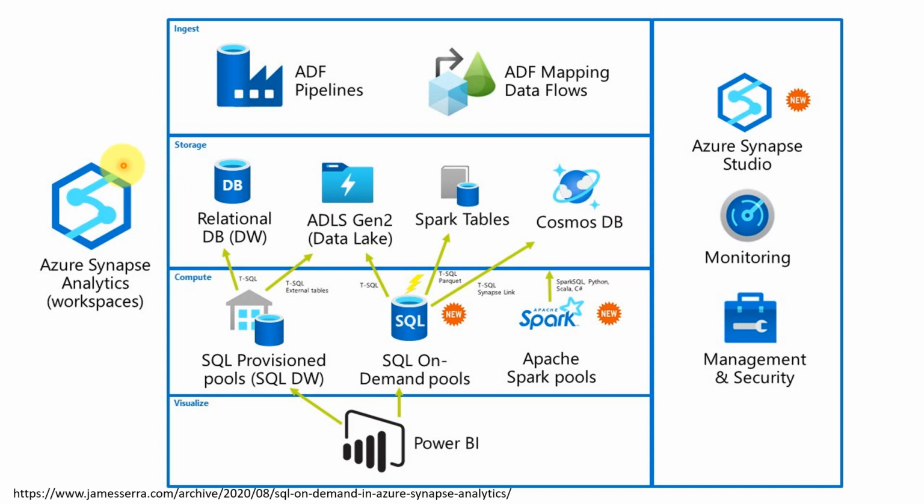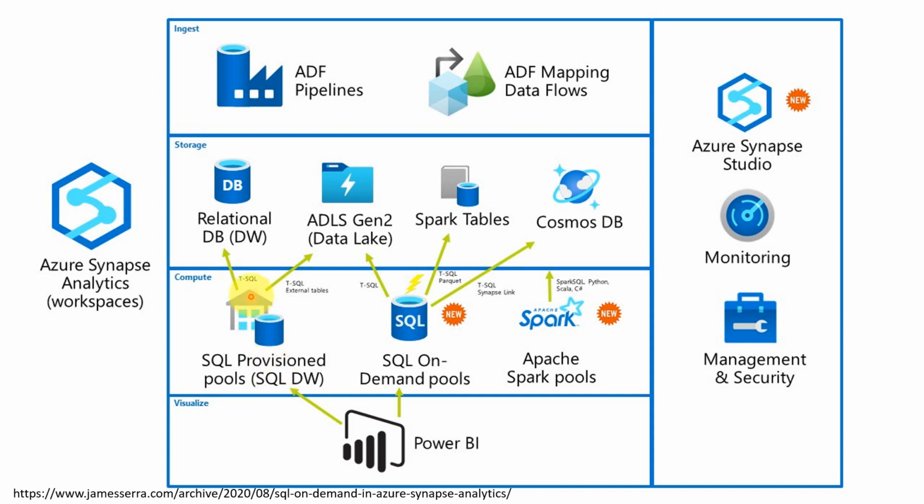Once you store the data, then you need to compute and then visualize, right? For compute, here's the main thing which they have added, which is SQL Provisioned Pool, which is basically the SQL data warehouse, now renamed to SQL Provisioned Pools. Initially it was SQL data warehouse, later they changed it to SQL dedicated pools, and now SQL Provisioned Pools.